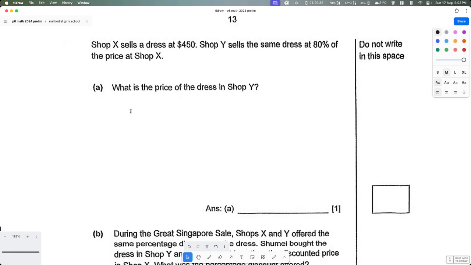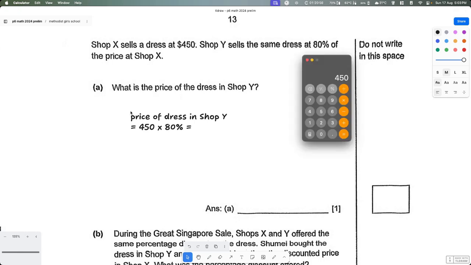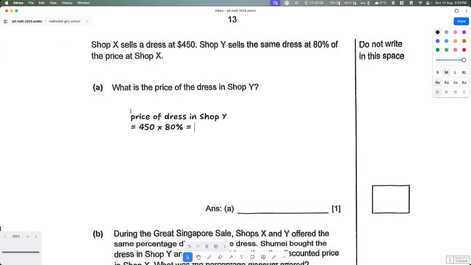The price of the dress in Shop Y is just 450 times 80%, and this will give you $360. There you go, $360.